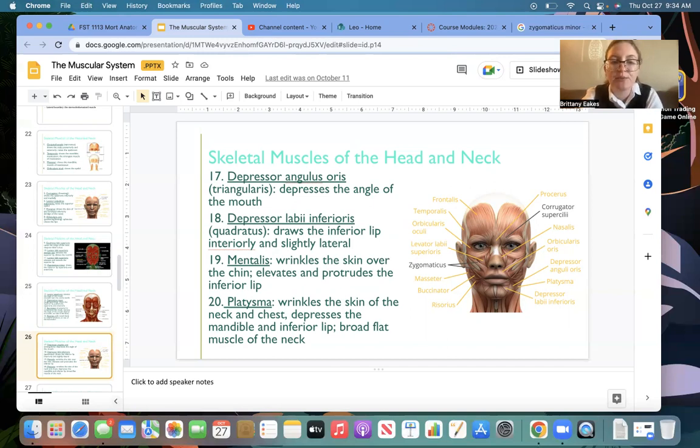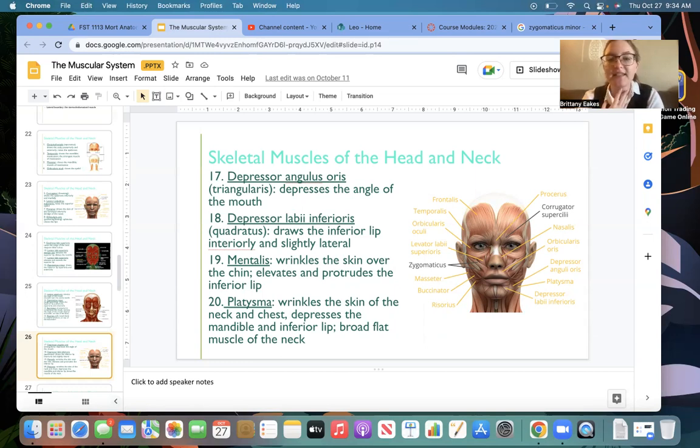We also have the depressor labii inferioris, or the quadratus. This is going to depress or lower the inferior or bottom lip. It draws the inferior lip inferiorly and slightly lateral. The mentalis wrinkles the skin over the chin and elevates and protrudes the inferior lip.